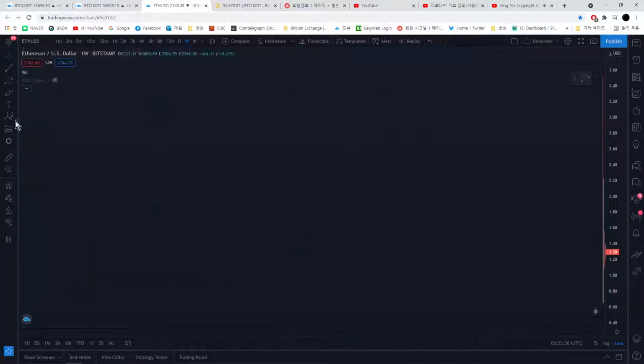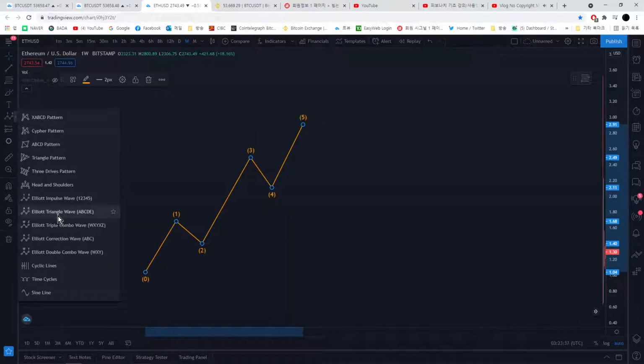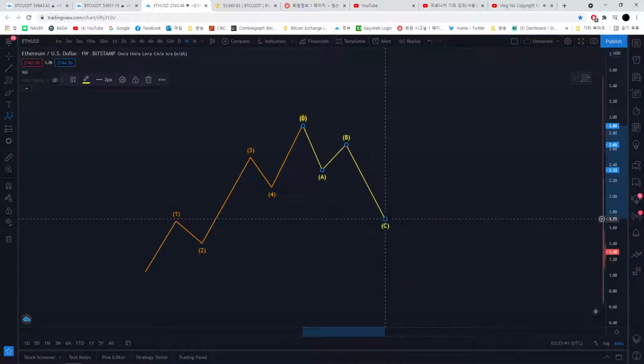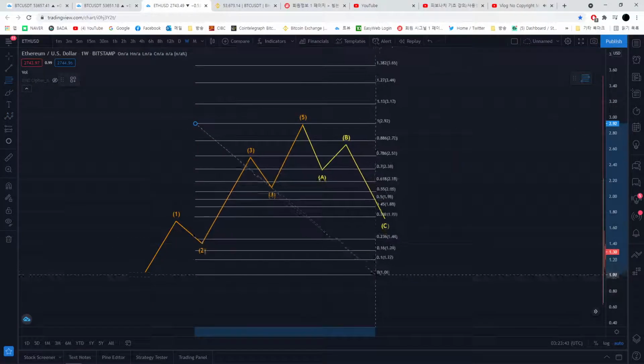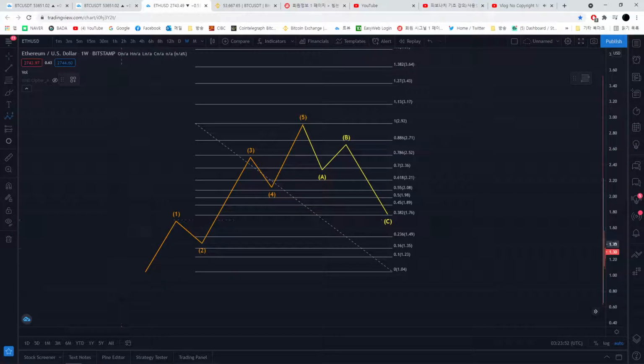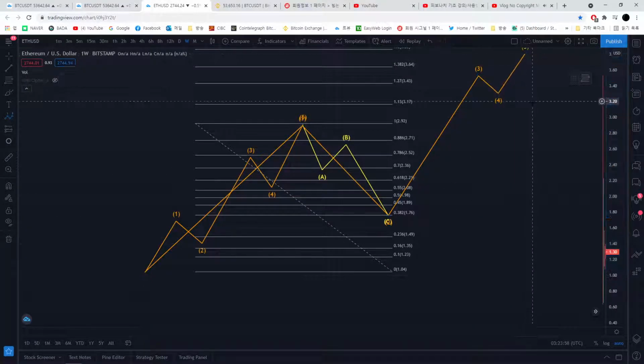Alright, so for the big correction, it should be looking something like this, right? Because after finishing 5 impulses uptrend, that means we have talked about this before. It will be one big A. I mean big 1, 2, 3, 4, and 5, right?